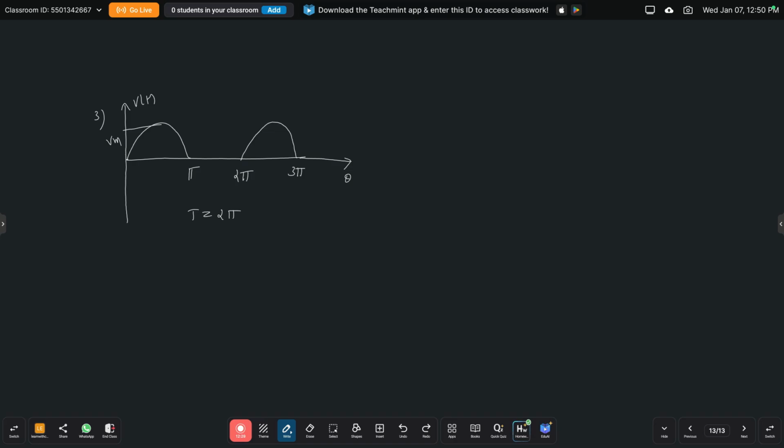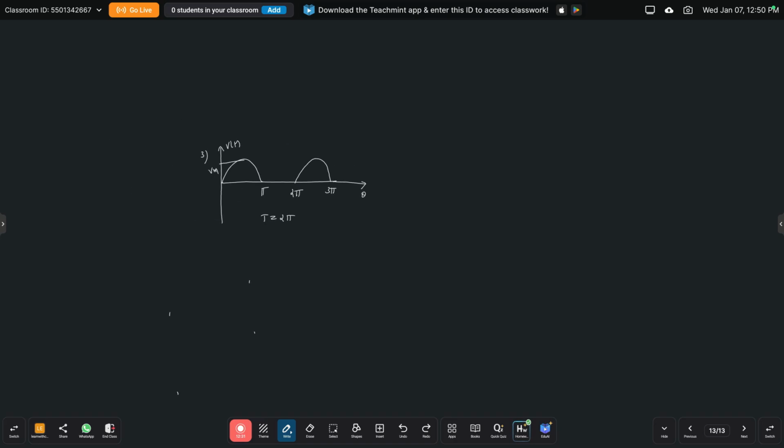Therefore V of t can be written as Vm sin omega t for 0 less than omega t less than pi, which is equal to 0 for pi less than omega t less than 2 pi.